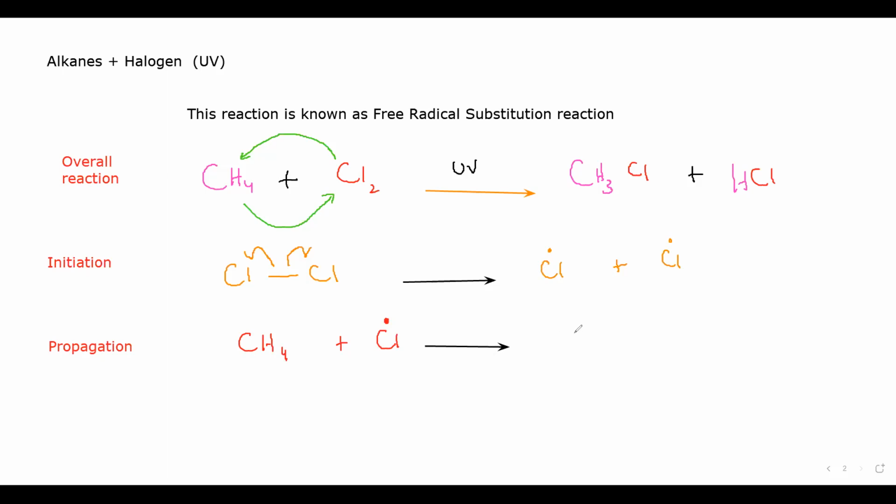One of the hydrogens is removed by homolytic bond breaking, giving methyl radical, and it forms HCl. And this methyl radical which is produced reacts with another chlorine molecule.